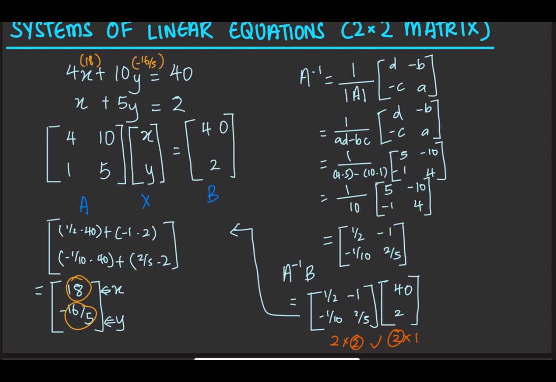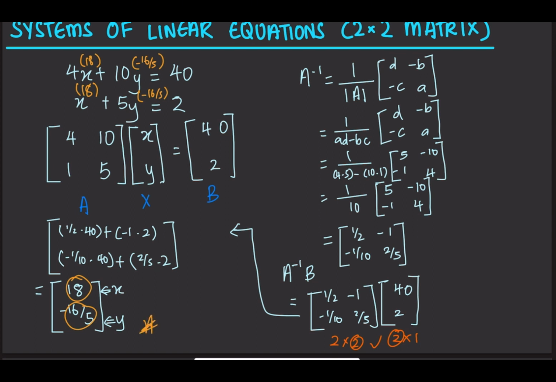For 18 plus 10, -16/5, you will get 40. Same applies for this one: 18 plus 5, -16/5, you will get 2. And that is your answer.